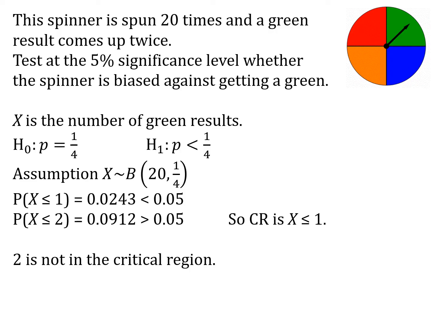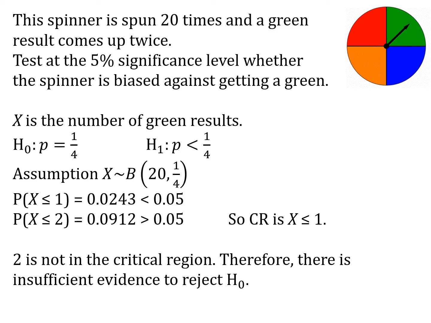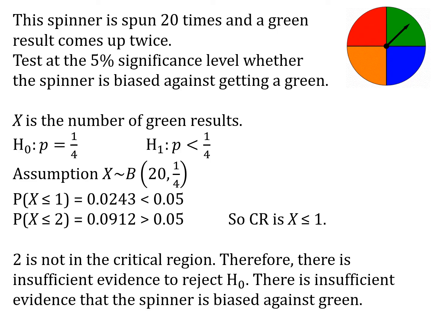And that tells us that there is insufficient evidence to reject the null hypothesis. The number of greens is not few enough to suggest that the spinner is biased against green. And we always have to put that in context as well. So I also add a sentence, there is insufficient evidence that the spinner is biased against green.